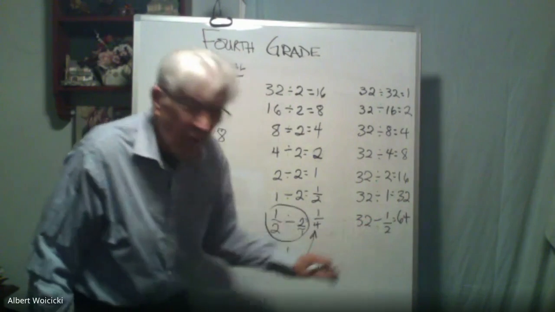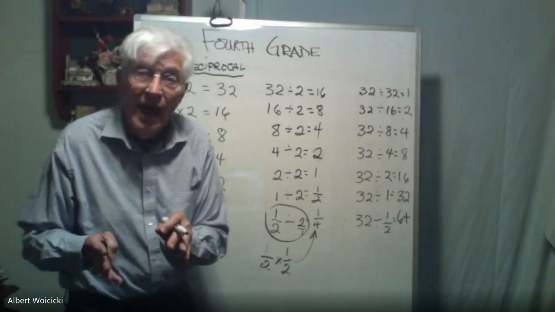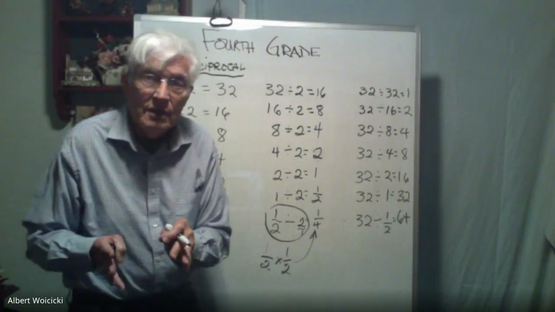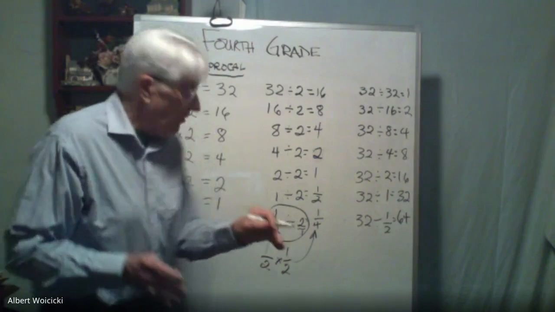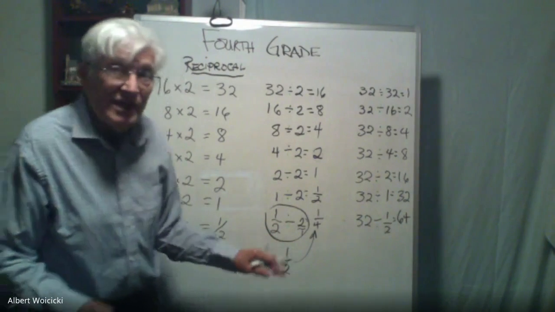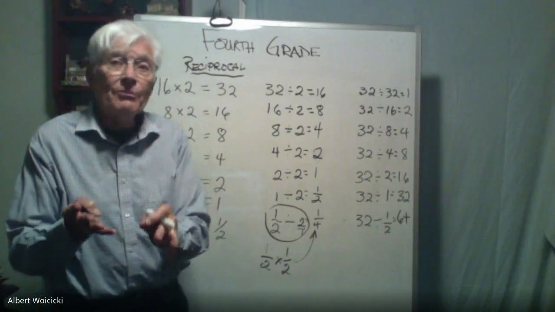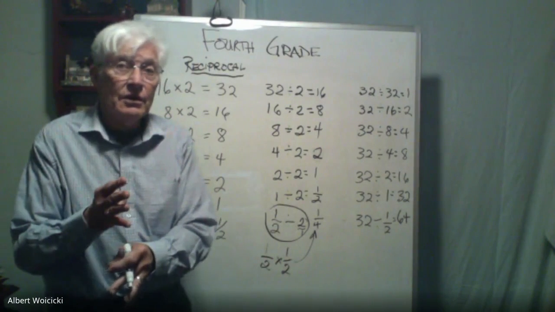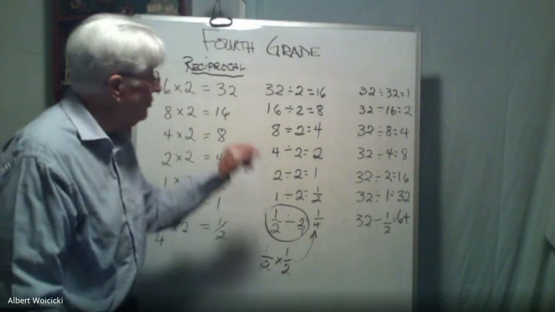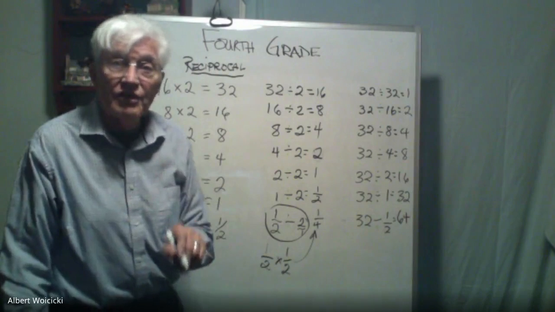But now, what happens when I take 32 and divide it by a half? If we remember what we learned over here, we can't divide it by a half. We have to do something with it first. We have to use the reciprocal of the number.